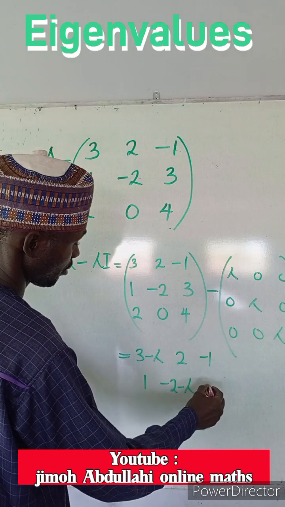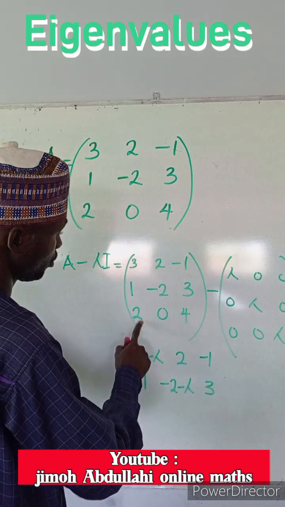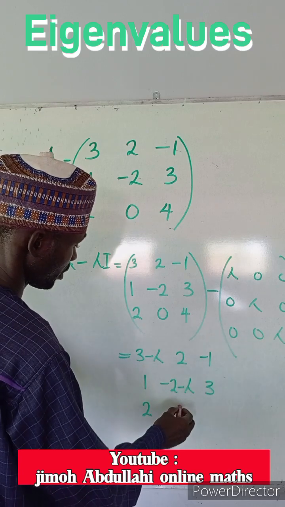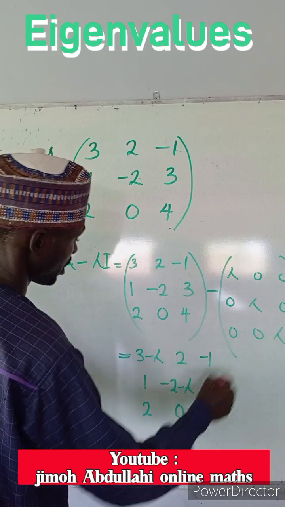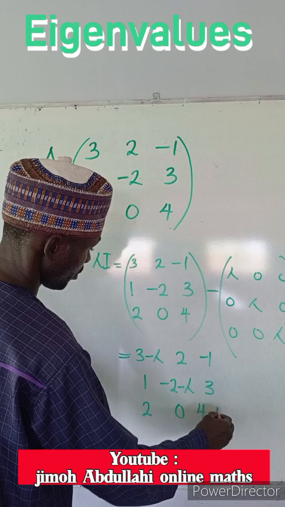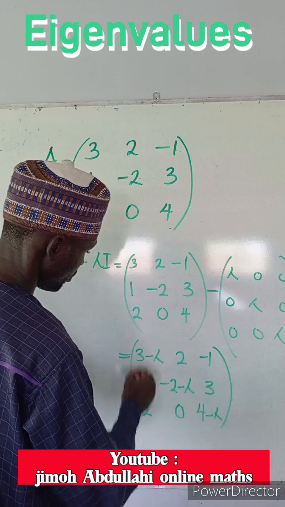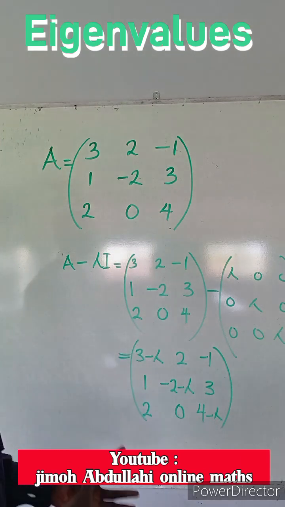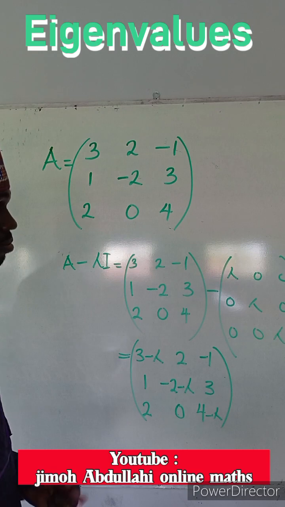Then 3 minus 0 will give us 3. 2 minus 0 will give us 2. 0 minus 0 will give us 0, while 4 minus lambda will give us 4 minus lambda. So now this is the value of this. So it is this value now we are going to find its determinants.